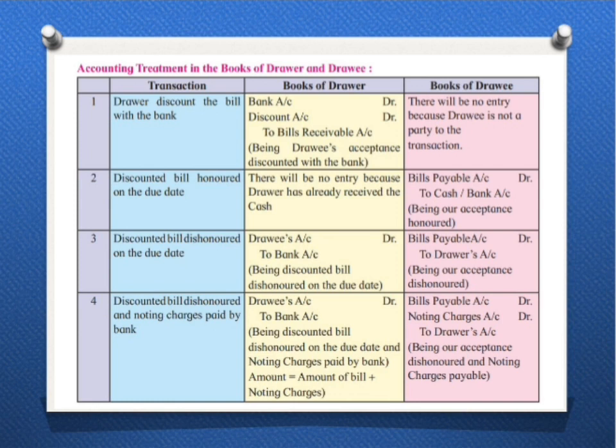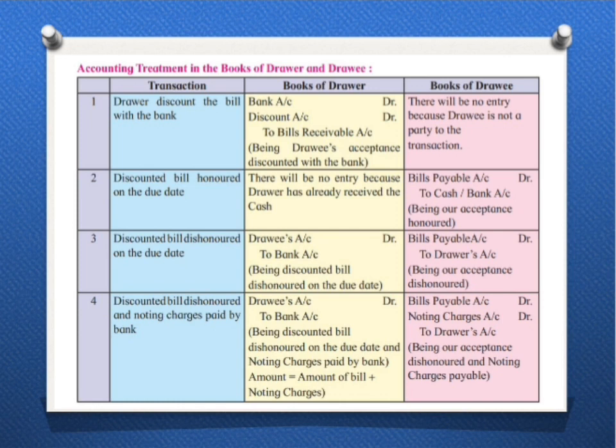Third one, discounted bill dishonored on due date. If it gets dishonored, then drawee's account debit to bank account, being discounted bill dishonored on due date. And in the books of drawee, bills payable account debit to drawer's account, being our acceptance dishonored.